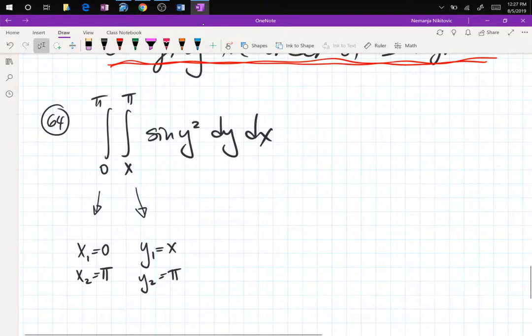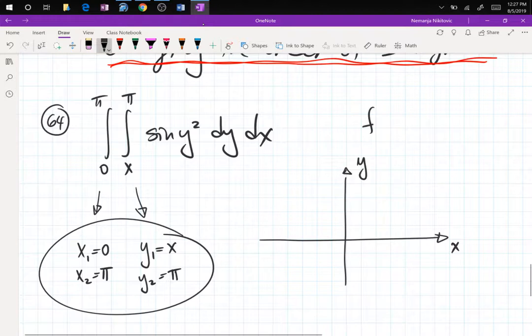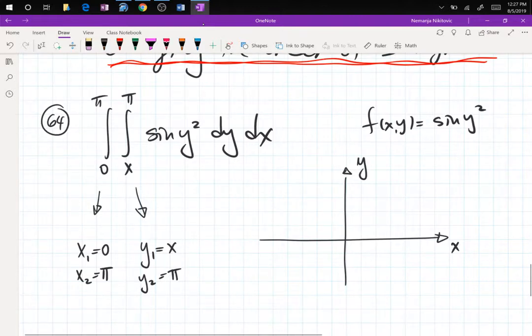And all I need to do is draw these four on a single graph over here and shade the region. I already know that my f of x, y is sine y squared. That's given. The only function here is y equals x, so I'll draw the 45-degree line through the origin. That's y equals x.